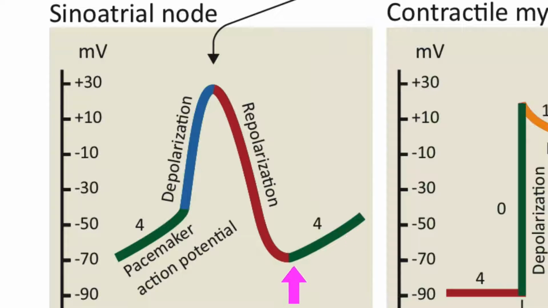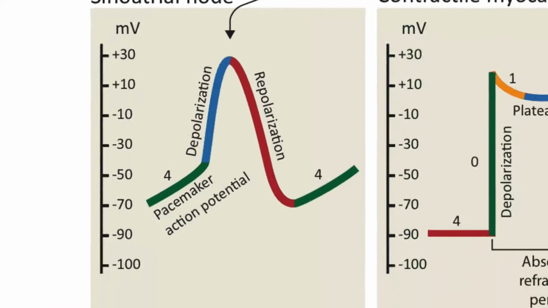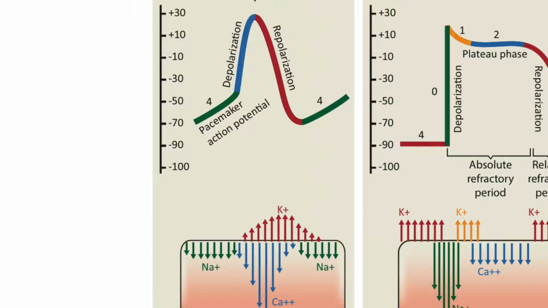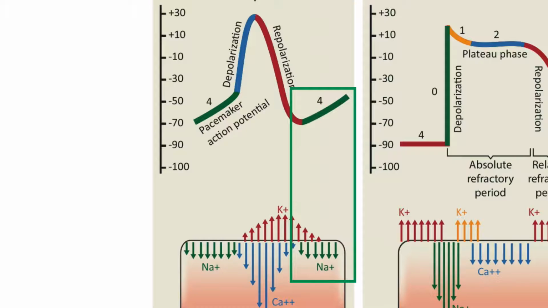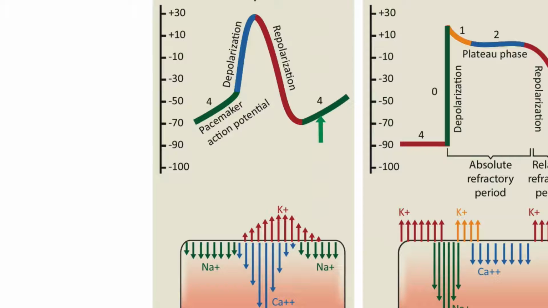This pacemaker potential is explained by the fact that as soon as the cells have repolarized, they will immediately start to leak sodium into the cell. This continuous leak of sodium into the cell will cause the cell membrane to become more and more positive until the cell membrane reaches a level of approximately minus 40 millivolts.